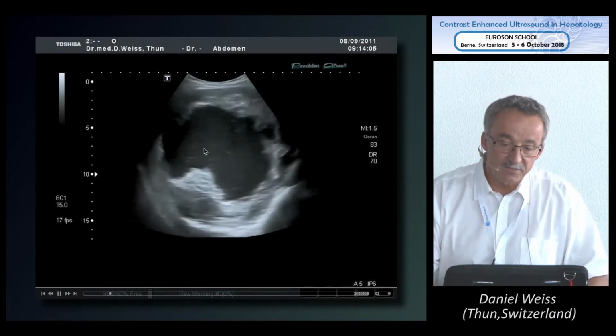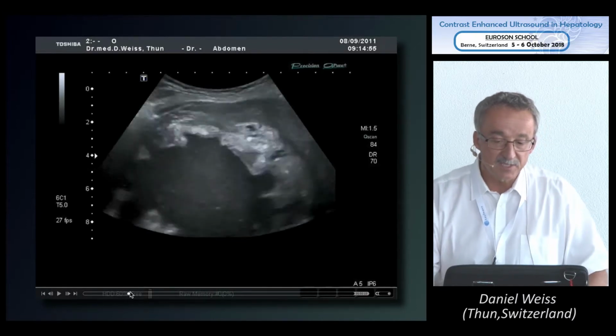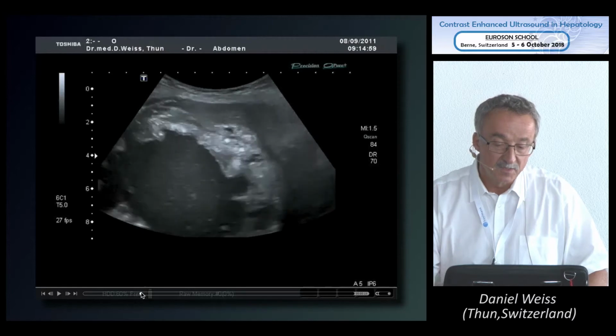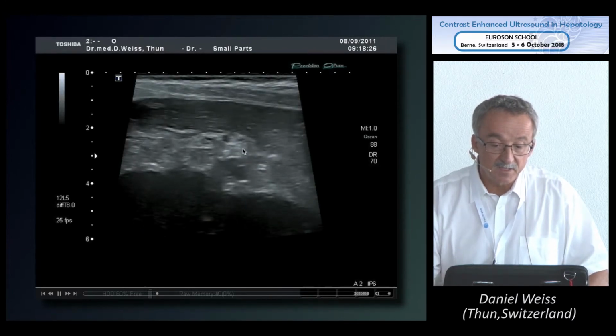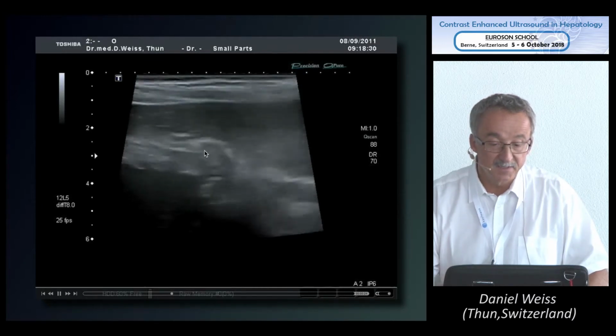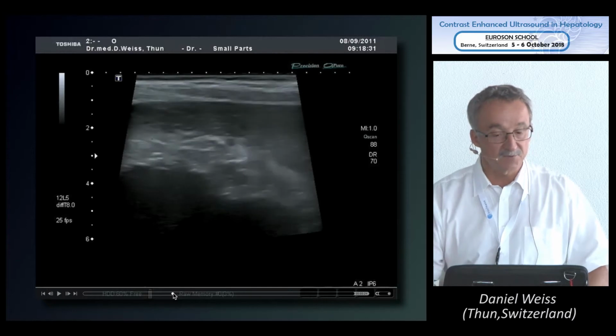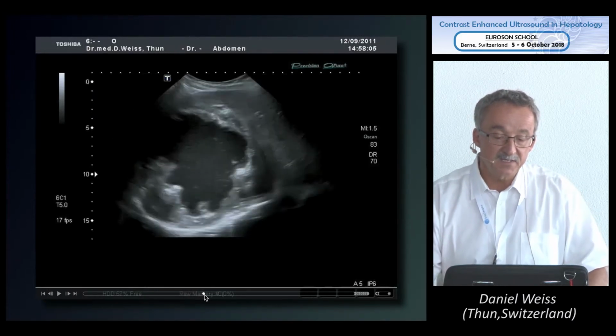But when you look at the margins, again, there are small calcifications, and then you change your probe, or you just magnify with the other probe, you see very clearly small cystic infiltrations, even with grayscale sonography.